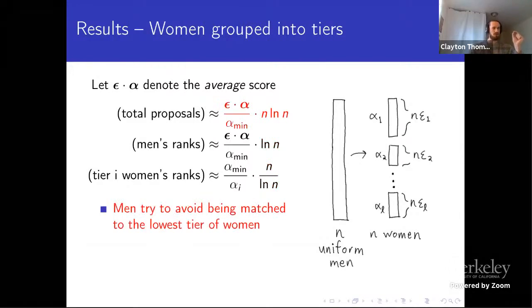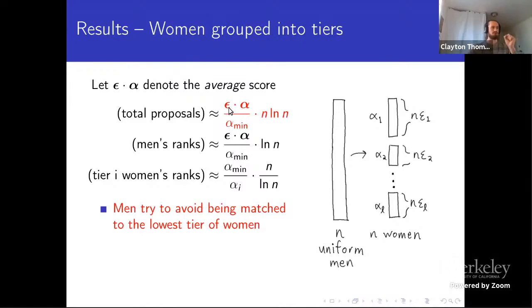But the total number of proposals has increased by this factor, which depends on the smallest public score on the women's side, alpha min. This factor is the ratio of the average score, this dot product of the score fractions and the weights.